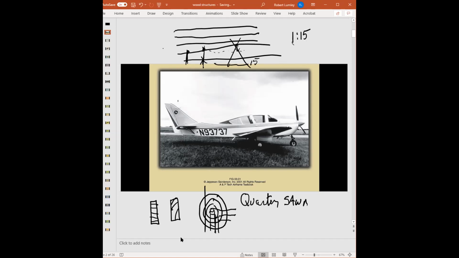The tree could look beautiful when it's growing, but we really don't know what's inside of it until we fall the tree, meaning cut it down.